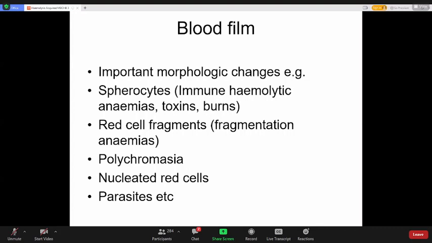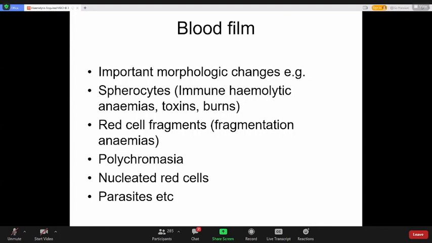There are other non-specific morphological changes that occur in peripheral blood film examination. Like, for example, you can see fragments in the fragmentation syndromes. And remember, we saw some examples of fragments when we went through red cell morphological defects, the schistocytes, the burst cells, the acanthocytes, all those are red cell fragments, all right?